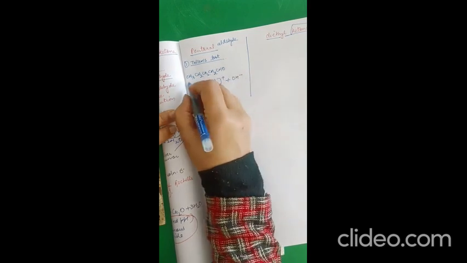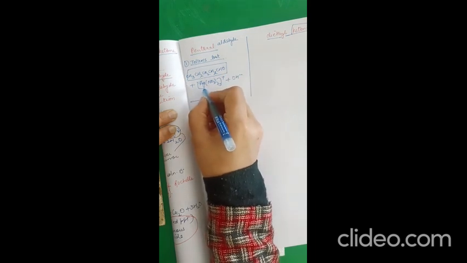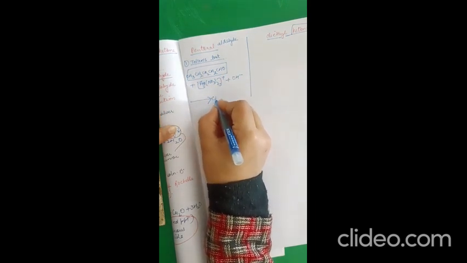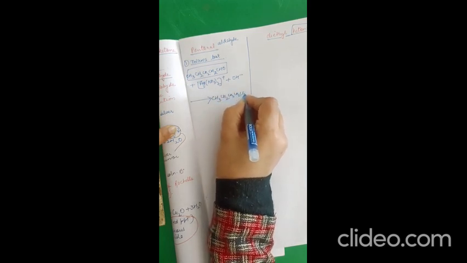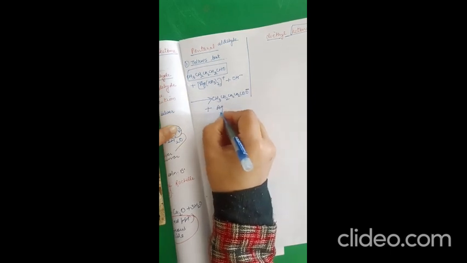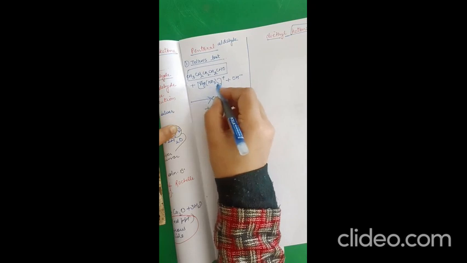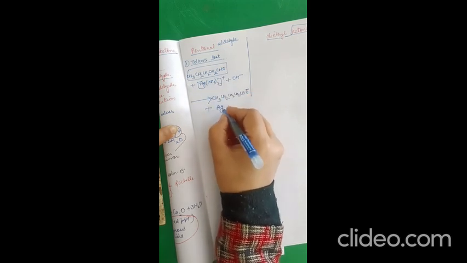We all know that aldehyde will change into acid because Tollens reagent is an oxidizing agent. So it will change into CH3CH2CH2CH2COO negative, plus what is formed? Silver mirror is formed. This Tollens reagent will oxidize aldehyde but itself gets reduced and forms a silver mirror.